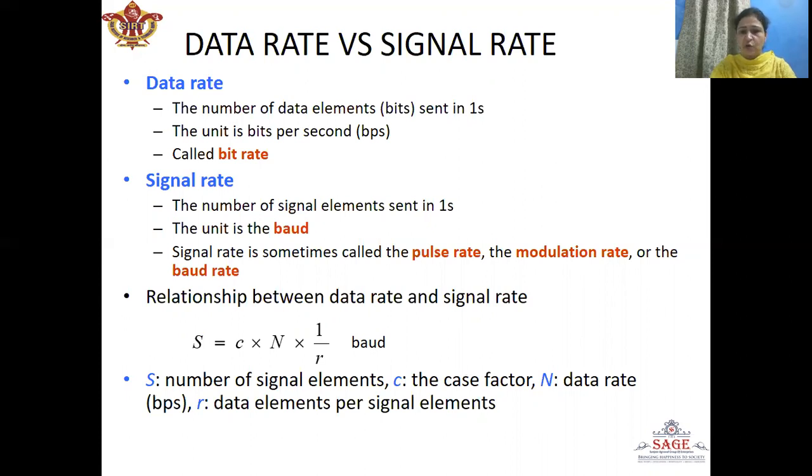Signal rate is also called pulse rate, modulation rate, or baud rate. There is a relation between data rate and signal rate, which is given as: signal rate S = c × N × 1/r, where c is the case factor, N is the data rate in bits per second, and r is the ratio of data elements to signal elements.